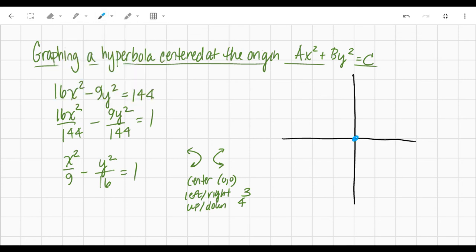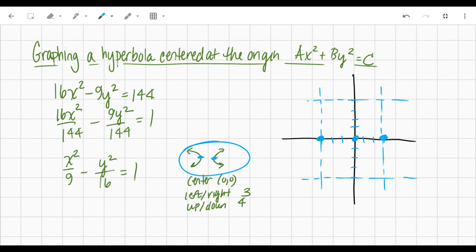Center at the origin. We are going to go left 3. Start drawing your box. Up and down 4. Finish the box. Okay, since it's looking like this, we've got our vertices here.